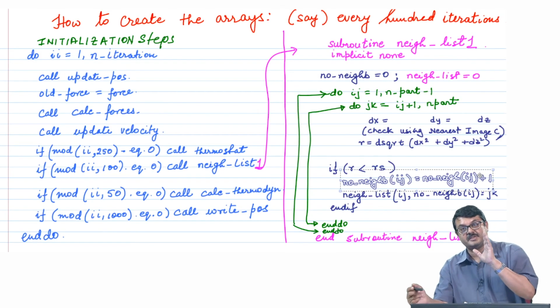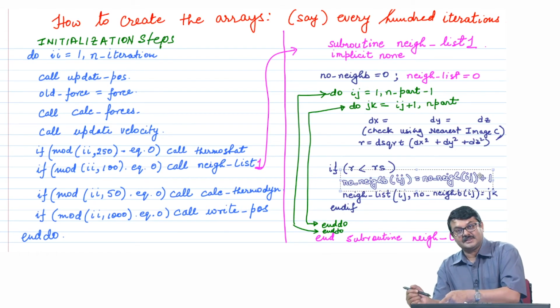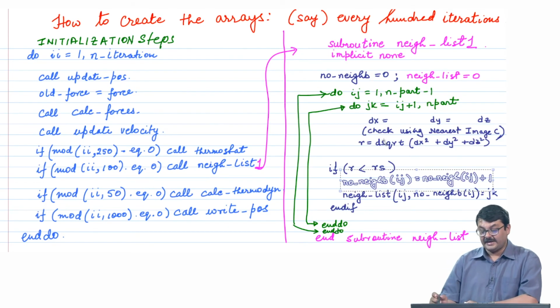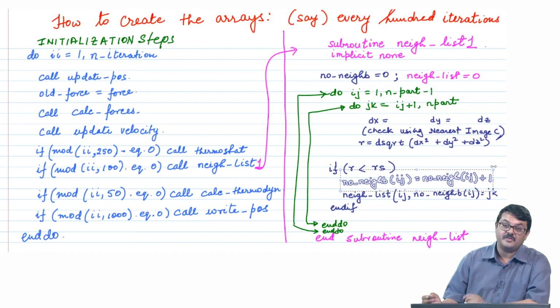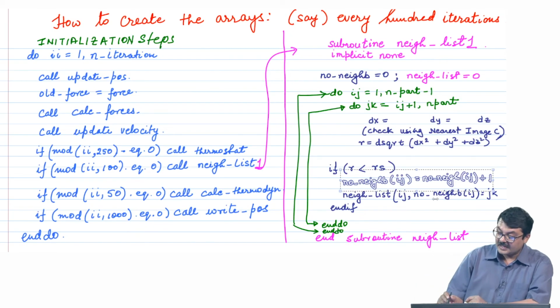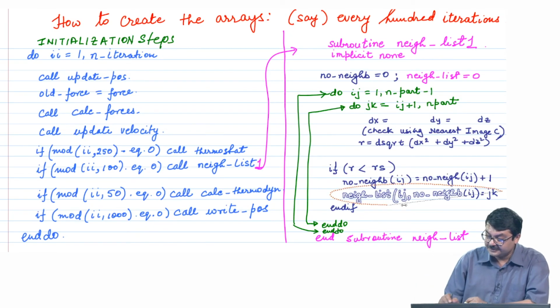Previously if it had 0 neighbors, it now has 1 neighbor. As jk keeps on changing, for all the values of jk for which r is less than r s, the number of neighbors will be incremented 1, 2, 3, 4, 5, 6 up till say 7. And what does this array store?